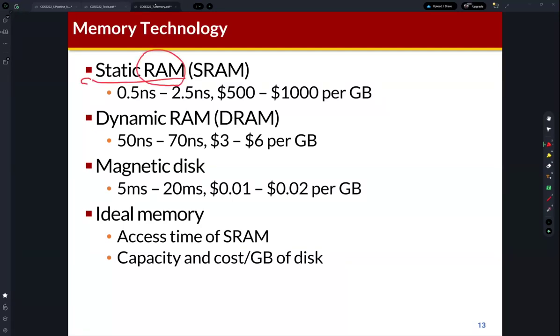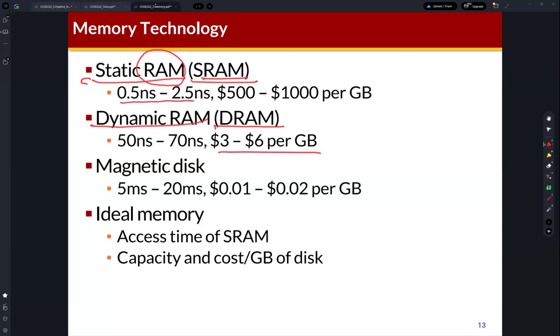Static RAM, called SRAM, is the fastest memory, the best memory, but it's expensive, which means the cost is high. Dynamic RAM, called DRAM, is the main memory of the system. You can find that the performance is lower than SRAM, but the cost is also lower. So it's cheaper than SRAM.